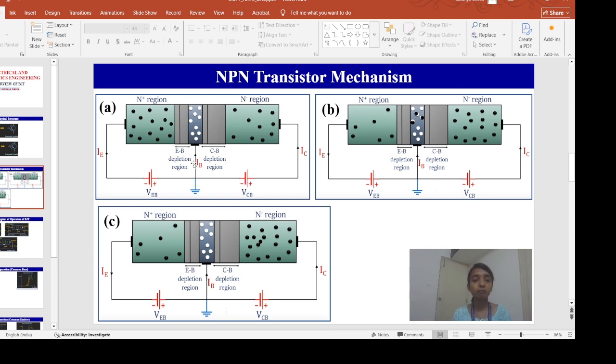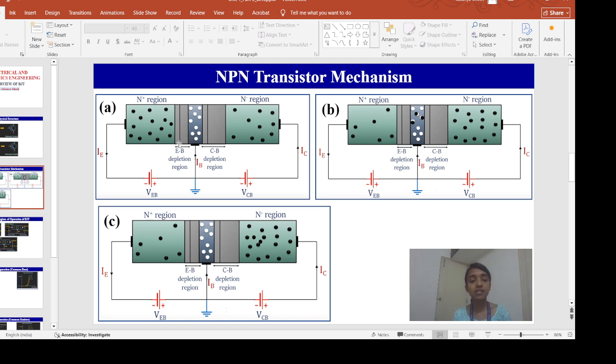Now, since this is a PN junction, in a BJT two PN junction diodes are connected back to back. Here we have one PN junction, here we have another PN junction. As I told initially, in an NPN transistor the emitter base junction is forward biased and the collector base junction is reverse biased under normal operation.